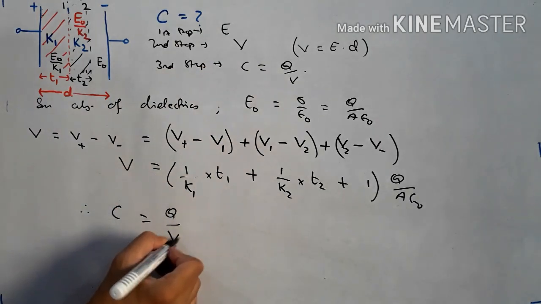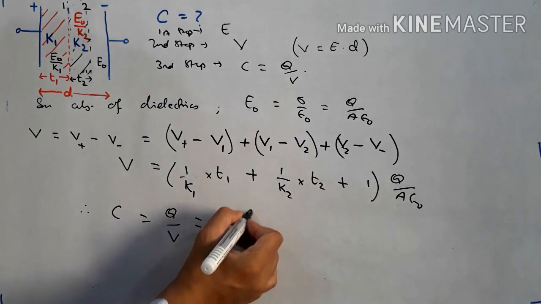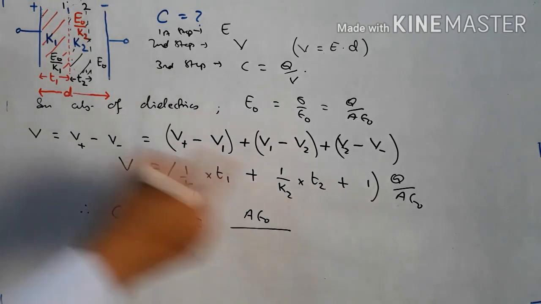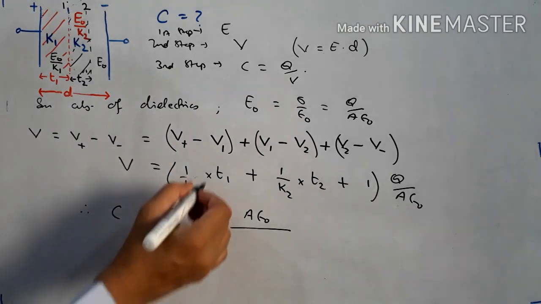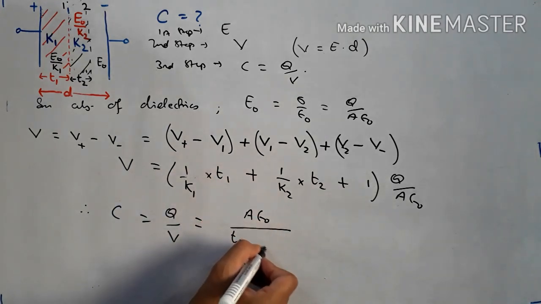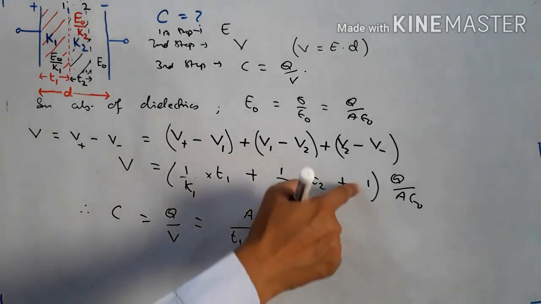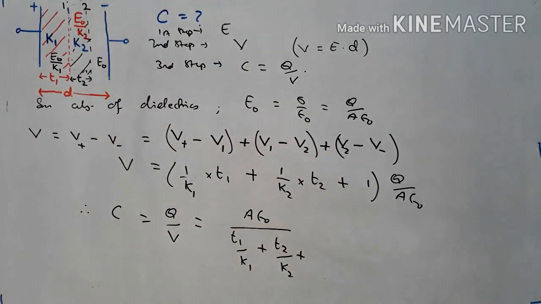Q upon V. You can see this is Q, this is V. So A epsilon naught will come this side and divided by this entire thing, that is T1 upon K1 plus T2 upon K2 plus, here I have missed one term. There is a mistake over there.